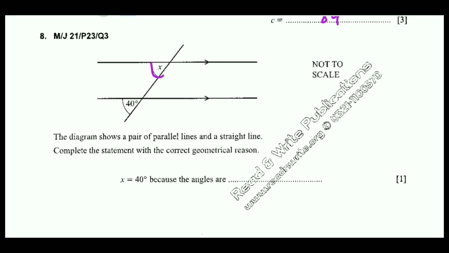So as you can see this F, these angles are making an F. So these two angles will be equal. Corresponding angles make an F shape. So here you will write the property name, that is corresponding, because the angles are corresponding.